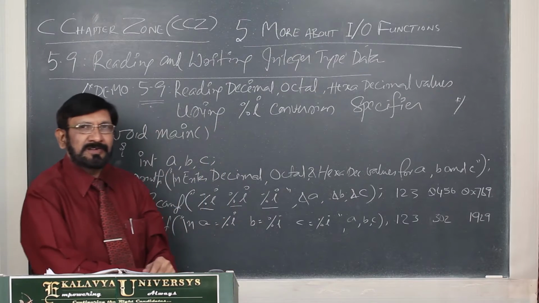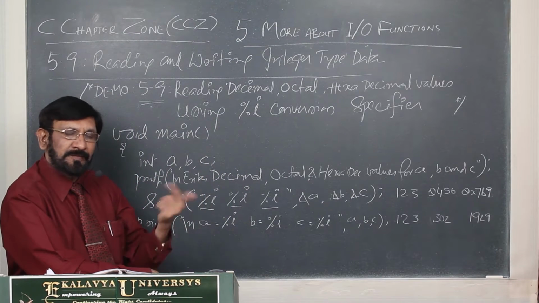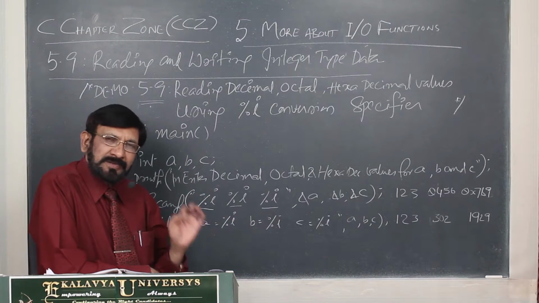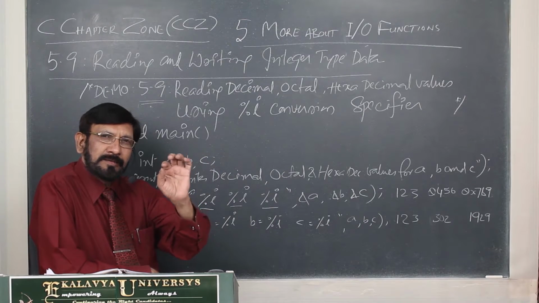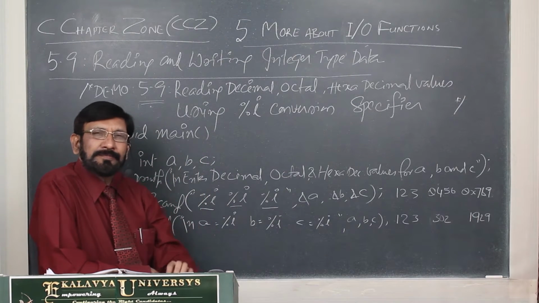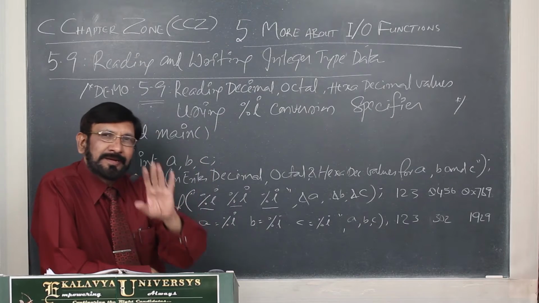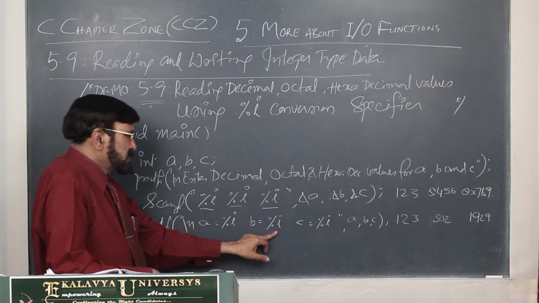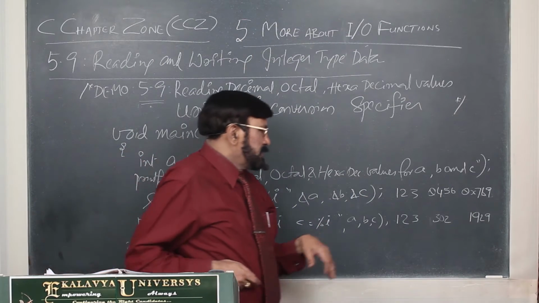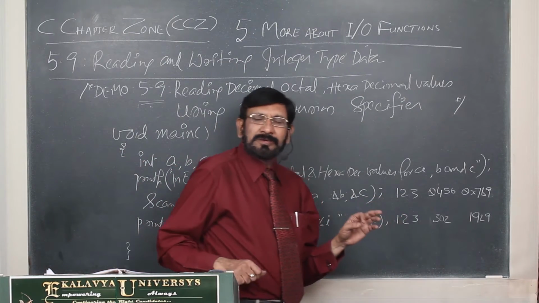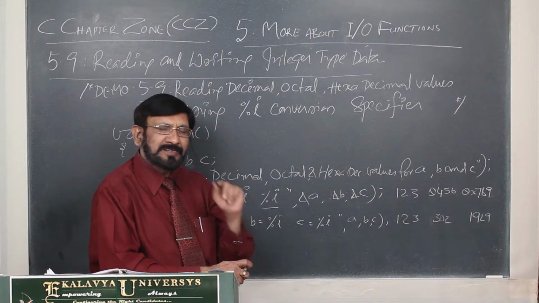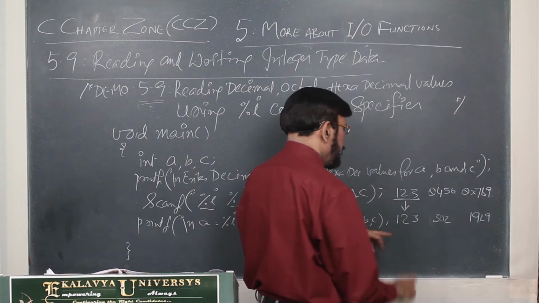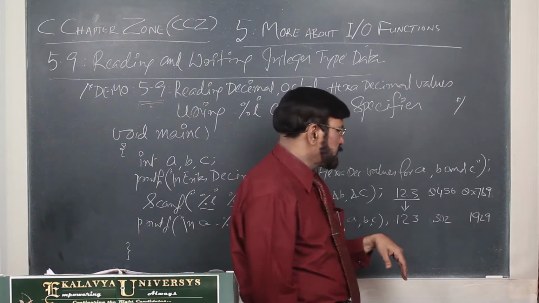As far as printf is concerned, I have given a different explanation. As far as printf is concerned, %i prints a signed decimal int. Now you see, 123 is printed as 123. There is no confusion in that.